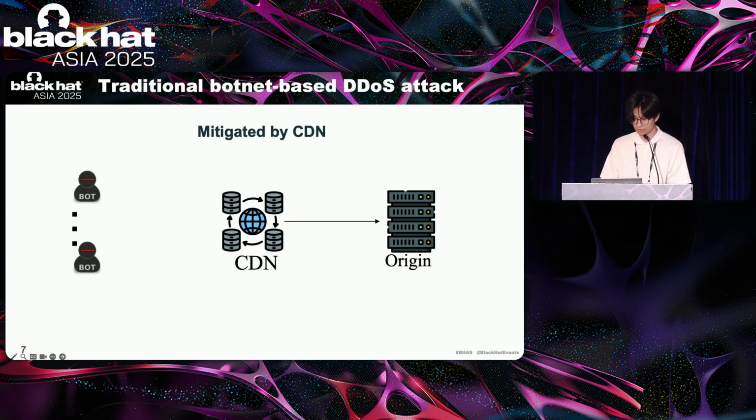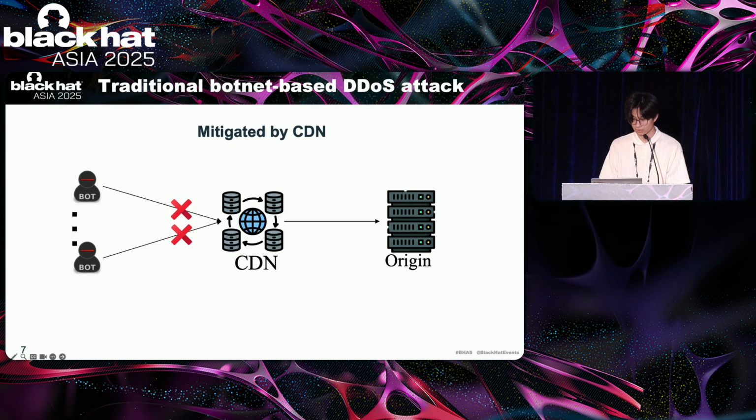Even if an attacker successfully builds a large botnet, launching a traditional DDoS attack against a target protected by a CDN is largely ineffective. CDNs are specially designed to absorb and mitigate massive volumes of traffic, including those generated by botnets, through globally distributed servers and intelligent load balancing mechanisms. CDNs prevent the origin server from becoming overwhelmed by malicious traffic.